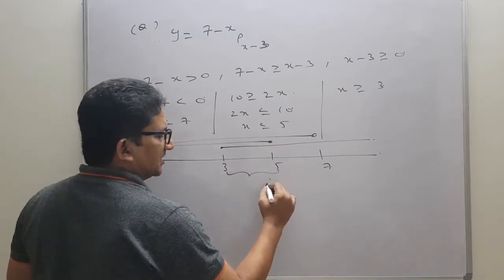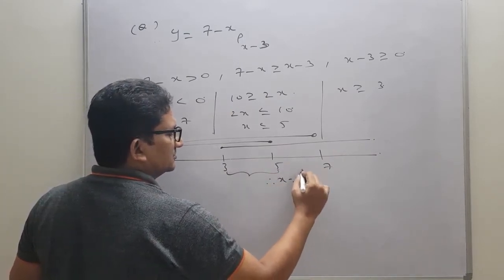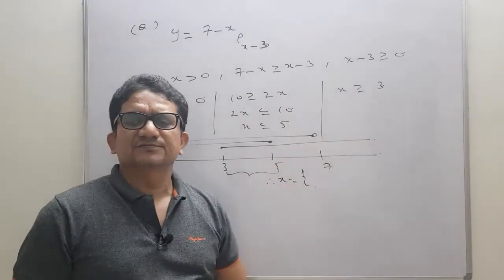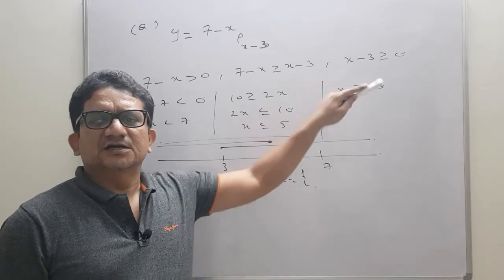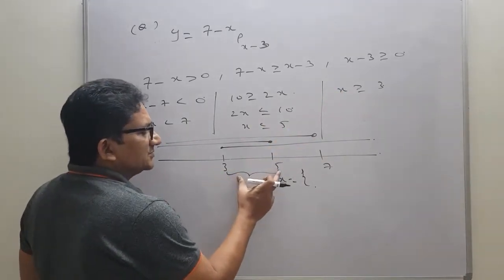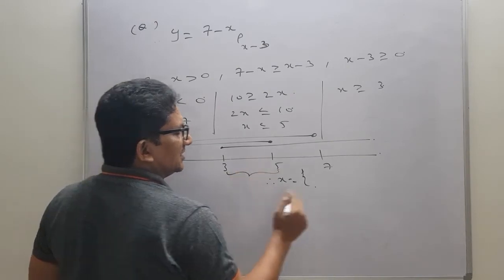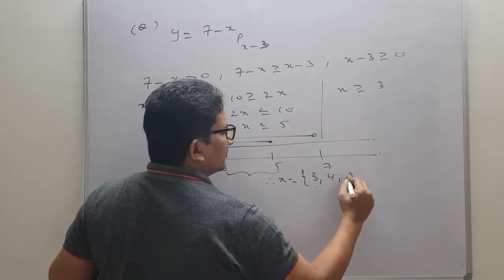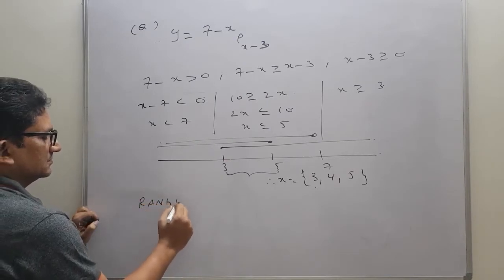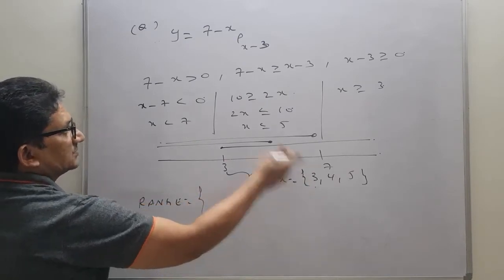Therefore x is equal to, what values can we give to x? x should be an integer, as we mentioned, positive integers. The possible positive integers between 3 and 5 are 3, 4, 5. To find the range, we substitute these x values.